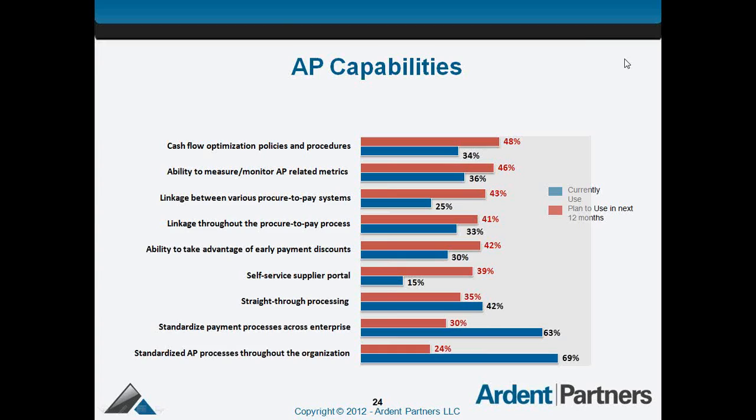So if we look at current state, we can see that AP groups have standardized their processes for the most part, both with invoicing and with payment processing across the enterprise. So you can see about 69% already have AP standardized processes, and what was surprising also is that a good chunk already have the capability to conduct straight-through processing, or touchless processing, as it's also called.